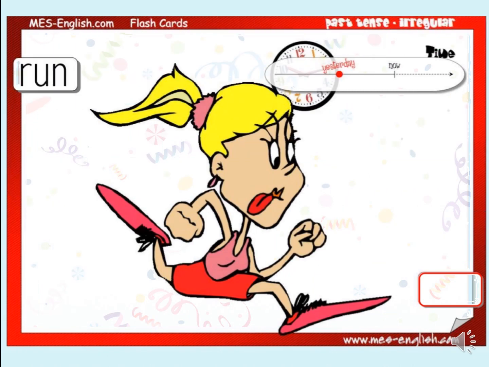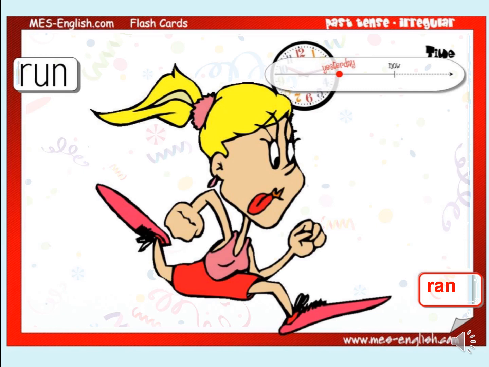Let's have some activity here. I will give you the verb in the present tense now, and you will try to find the past tense from this verb. And of course, it will be an irregular verb, so don't add here d or ed. Run. The irregular verb from run is very good. Ran.